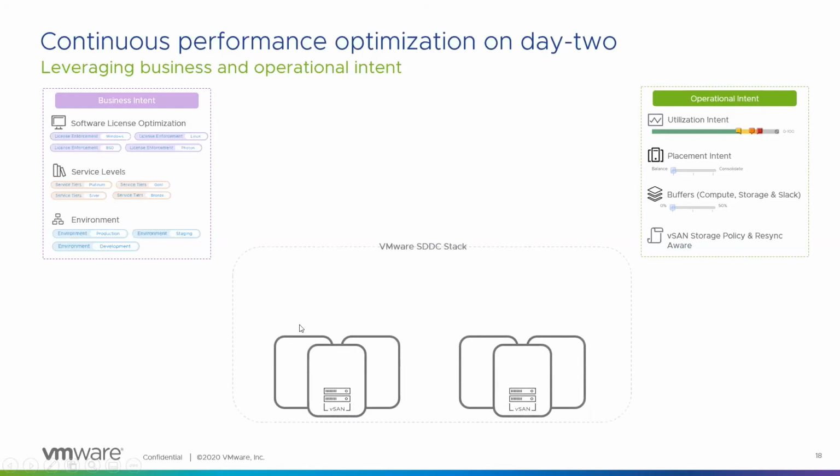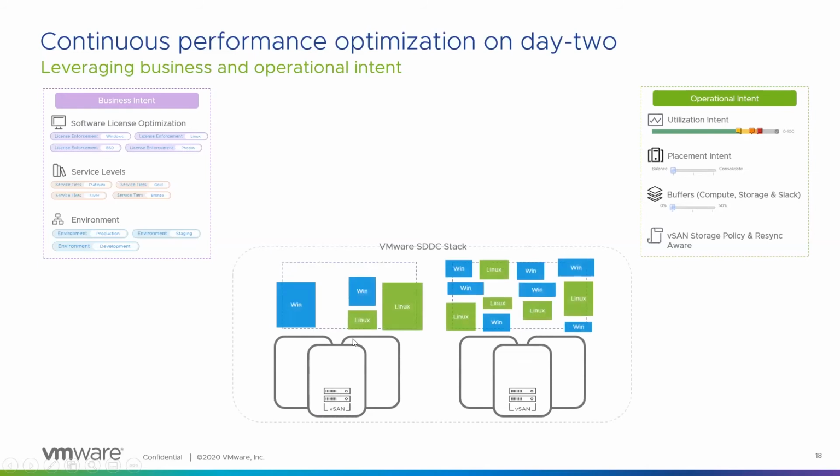So imagine you have a VMware SDDC stack. You have two clusters in your data center, and both are vSAN clusters. And now you want to apply a business and operational intent to them. So let's look at the state of the clusters first.